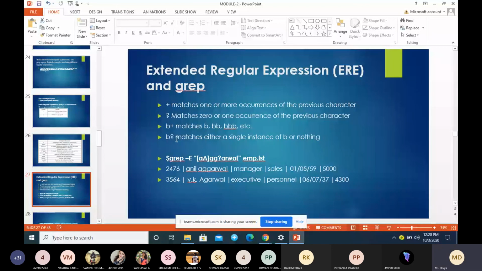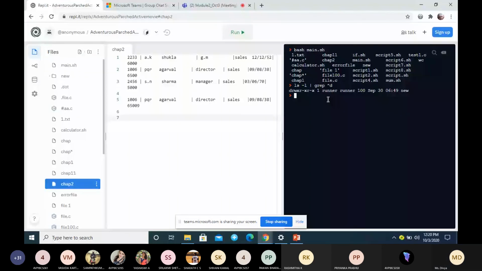Let me give some examples. Here first we will be studying plus and question mark. Today we will discuss only these two. Plus is meant for matching one or more occurrences of the previous character, and question mark is for matching zero or one occurrence of the previous character.